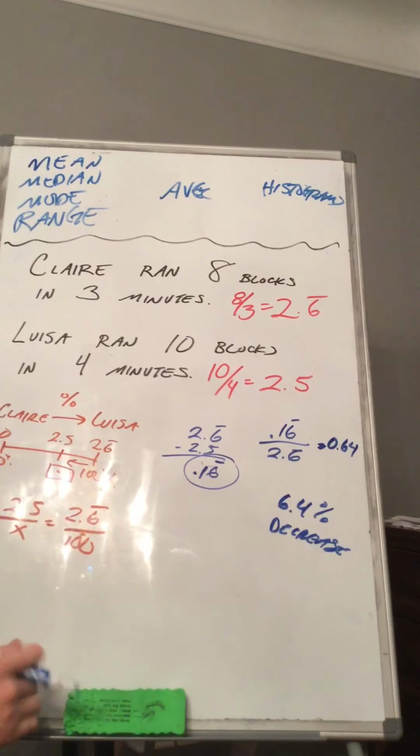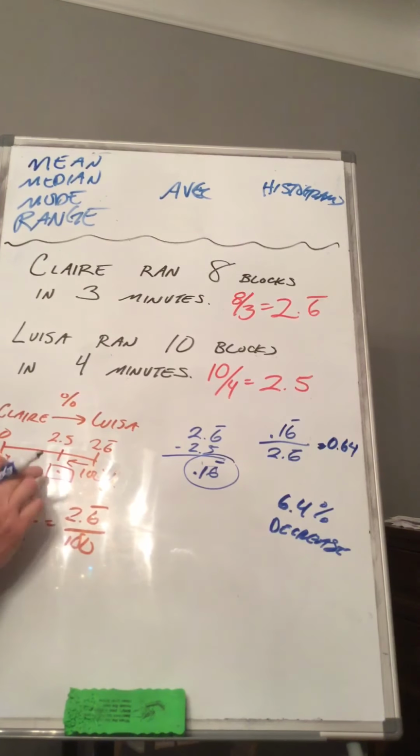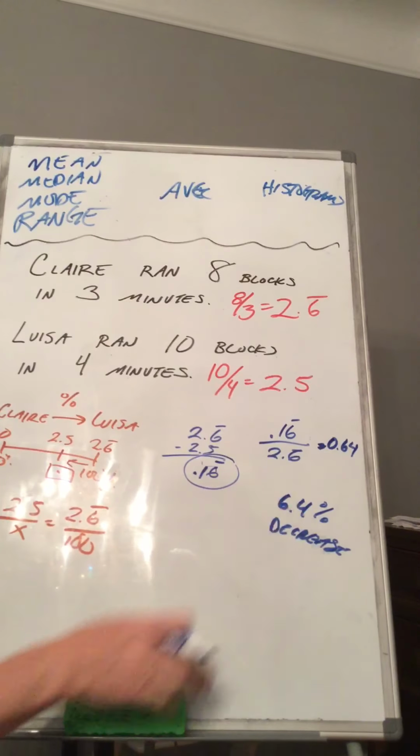Okay, so you get two different ways. You can find the value, the percent at 2.5, and then subtract. You still got that value.